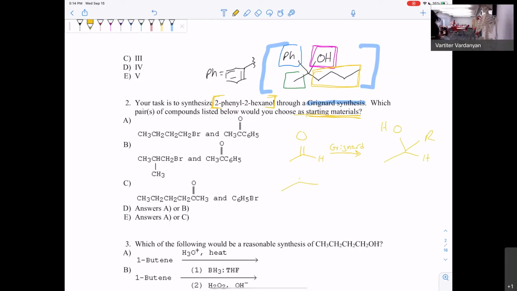If we had an ester as our starting material, and we had the same reagent, we would end up with an alcohol and 2 R groups that are exactly the same. In the product they gave us, we don't have an H, and we don't have 2 groups that are exactly the same. So that means we had to start with a ketone.